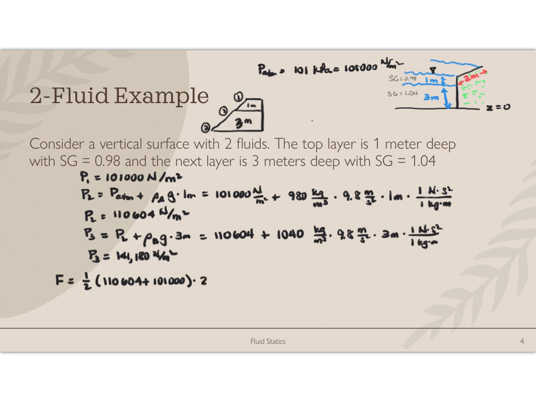It's 2 meters wide, 1 meter tall. And for the second layer, it's 1/2 110,604 plus 141,180. And this one is 2 meters wide and 3 meters tall.